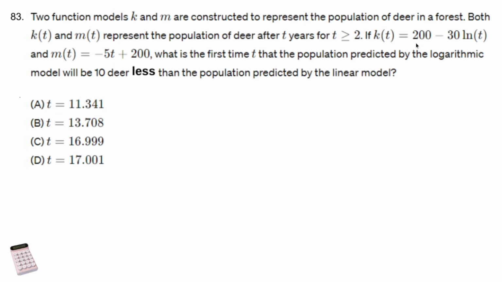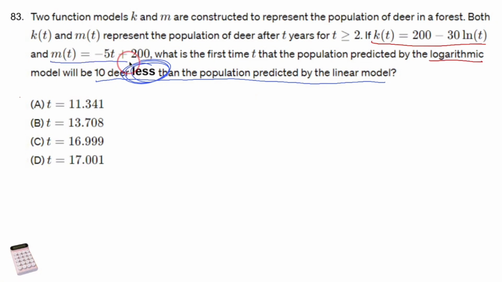If k of t is 200 minus 30 ln of t, and m of t is -5t plus 200, what is the first time t that the population predicted by the logarithmic model will be 10 years less than the population predicted by the linear model?